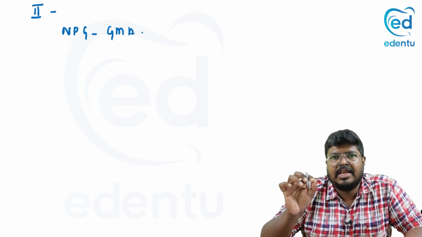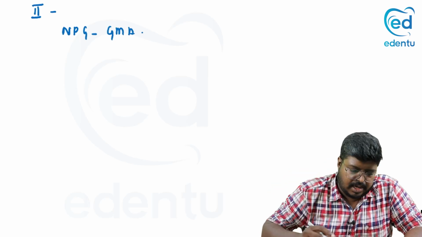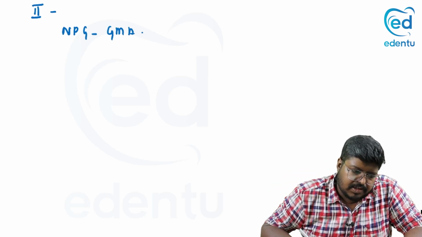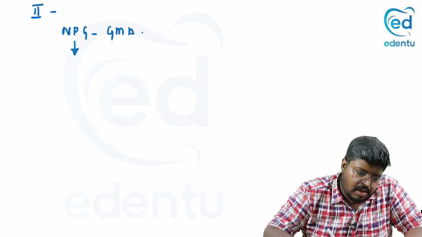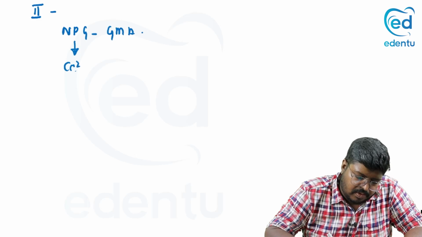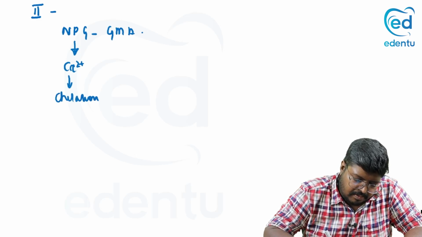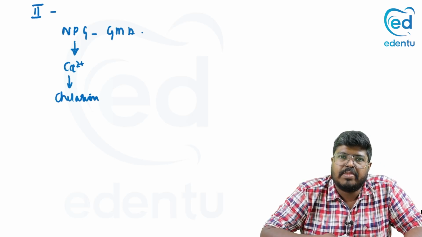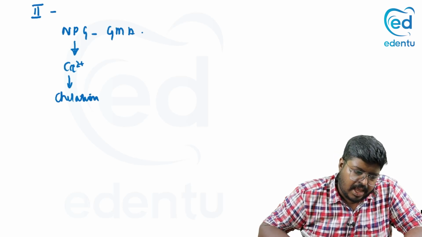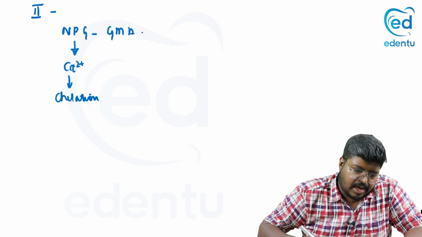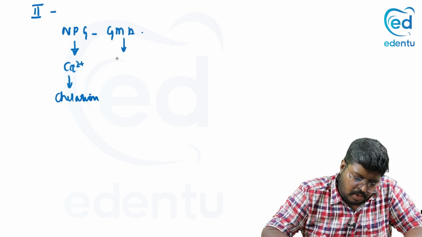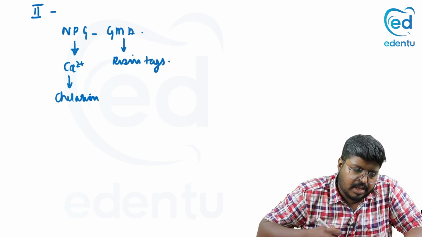They said that the NPG portion would bond to the calcium of the tooth by chelation, and the GMA part, the glycidyl methacrylate, would bond and form resin tags.